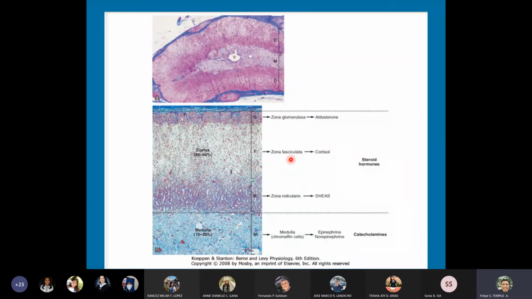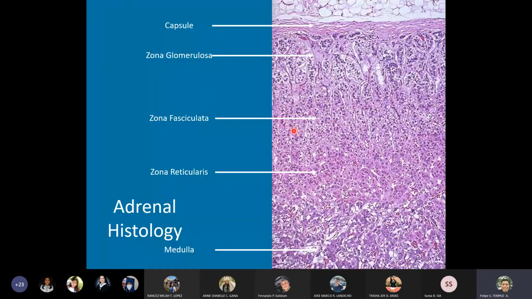They simply vary based on the amount of the steroid hormone. There is cortisol in your zona glomerulosa as well, and in your zona reticularis there is also a percentage of cortisol, but very, very few. So we're just focusing more on the more abundant steroid hormone being secreted by each of the zones. Again, these are just similar slides.